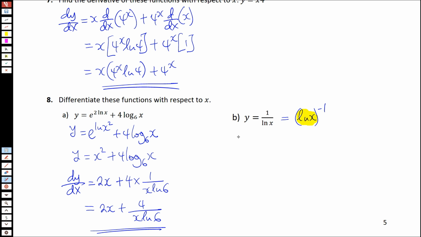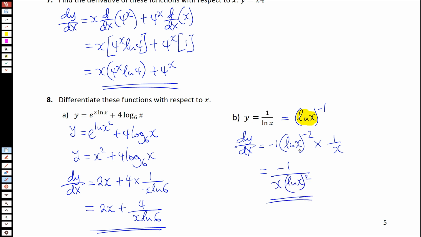So dy over dx will be equal to negative 1 into ln x to power negative 2 multiplied by the derivative of inside, which will just be 1 over x. So we can write this as negative 1 over x times ln x squared using laws of indices, because the negative power can be brought down to have a positive power.